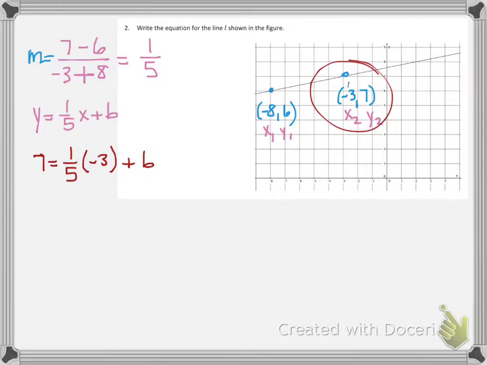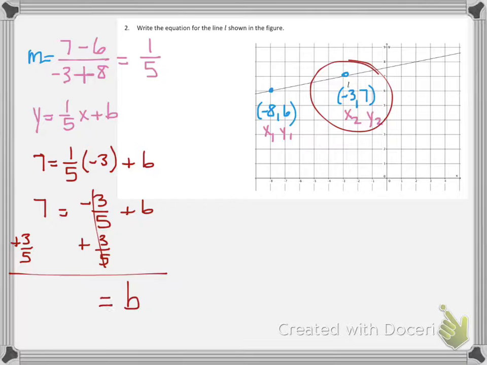And now I can multiply. 7 equals 1/5 times -3, which is -3/5, plus b. And then I just add 3/5 to both sides, and these cancel. I get b is equal to 7 plus 3/5. Well, I could just say 7 and 3/5. That would be a good answer.